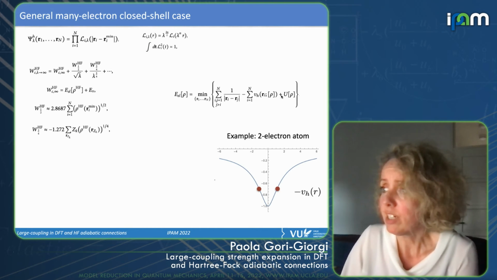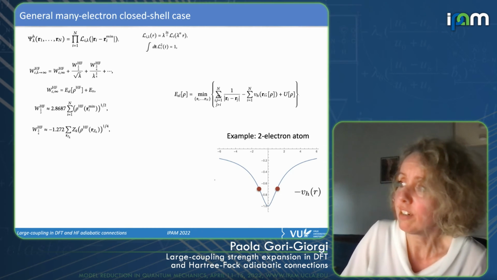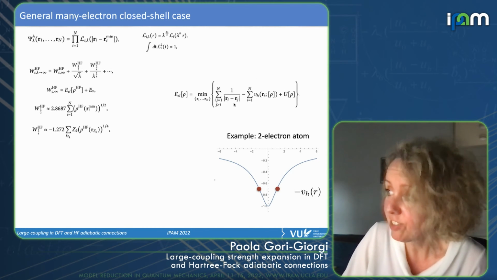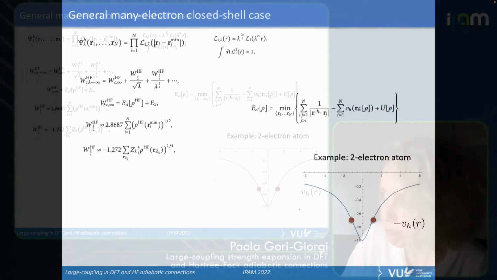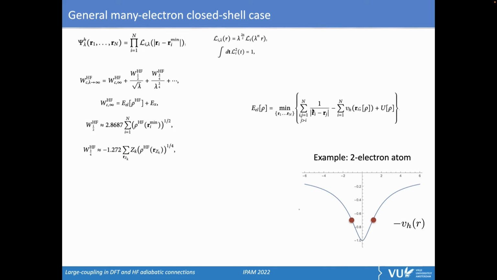And what this functional is, it's simply the energy of a crystal. It's a crystal of point charges. So the electrons become point charges, and they are bound by a sort of positive background given by the Hartree-Fock density.